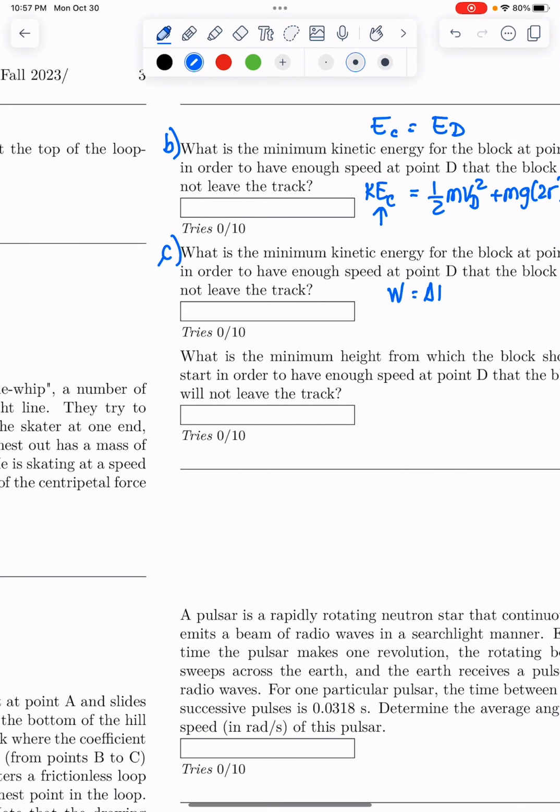Work equals change in kinetic energy. So work done by friction, the force of friction is mu N times the distance, that's going to be negative, equals the change in kinetic energy, kinetic energy at C, that we already calculated, minus kinetic energy at B. So from here, you can solve for kinetic energy at B because we know kinetic energy at C.